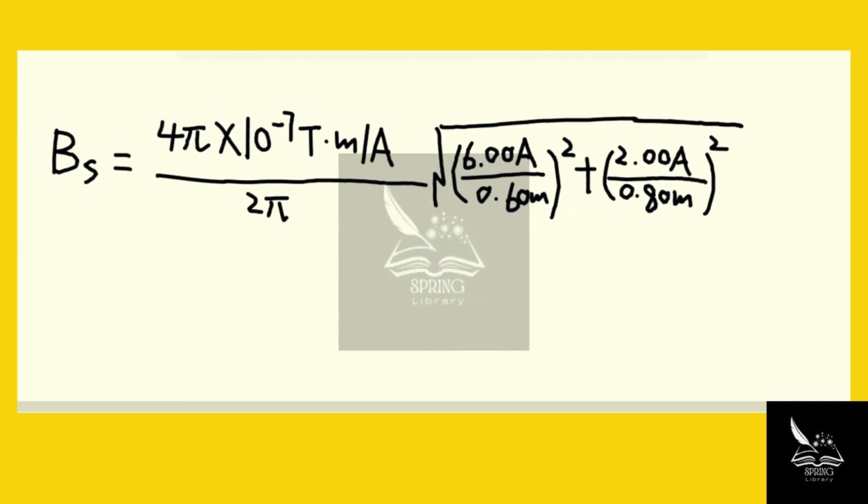And this will give us the magnetic field at point S is about 2.06 times 10 to the power of -6 Tesla.